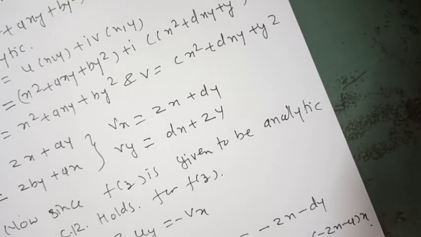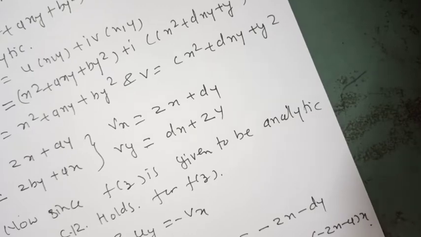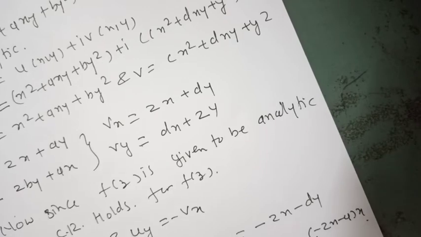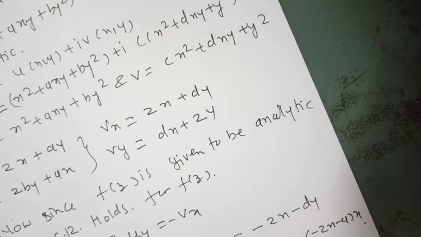Which implies x equals (2 minus a) upon (2 minus d) into y.